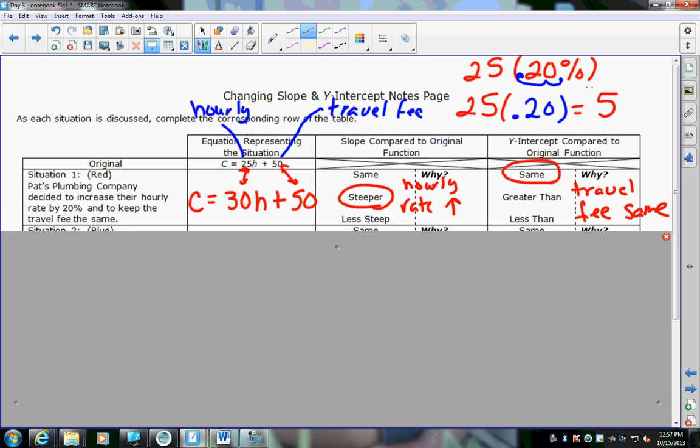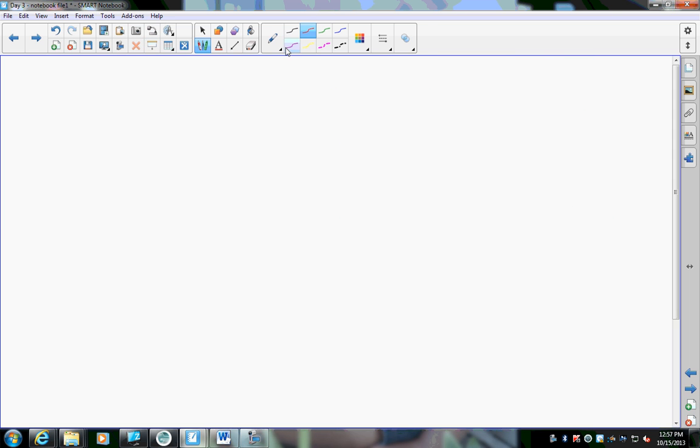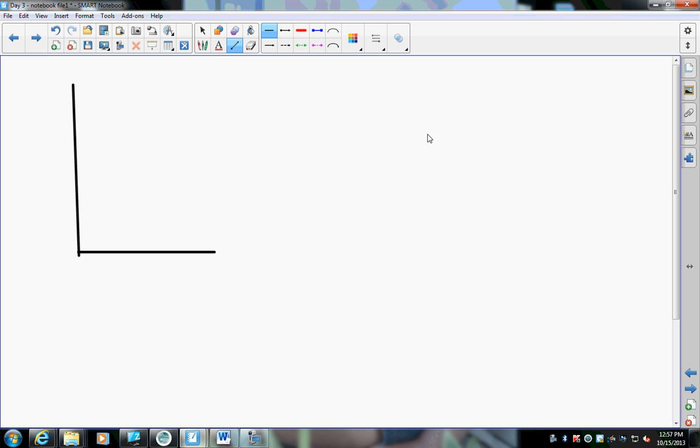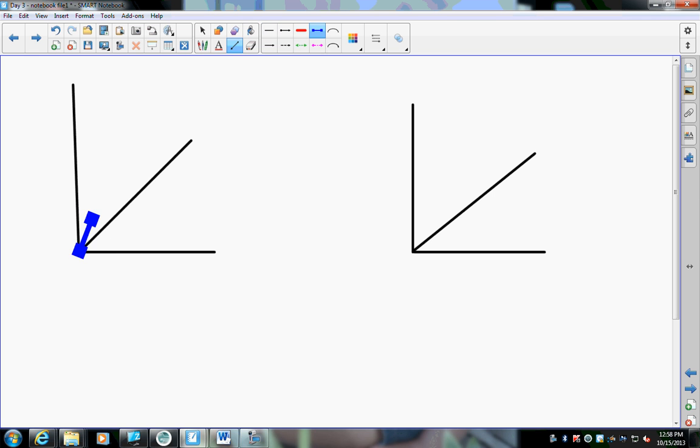Now, on the back of your papers, I want you to write these notes. That's going to help us. Here's my original line, this blue line.